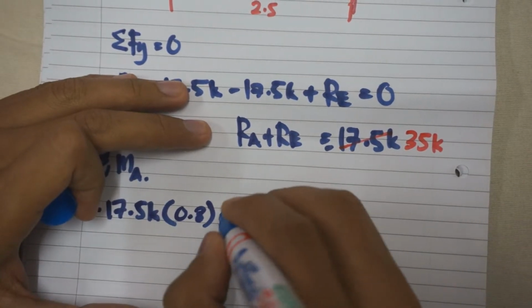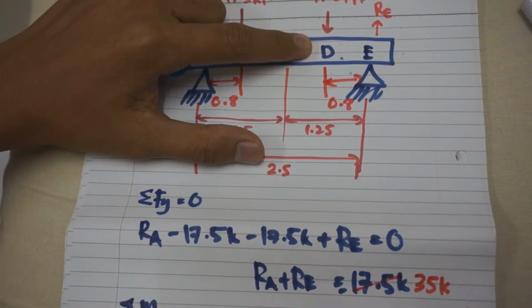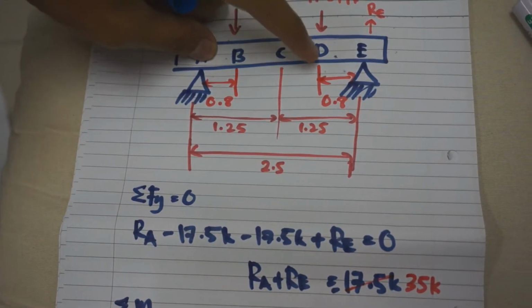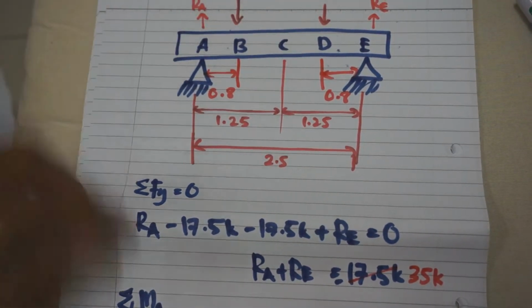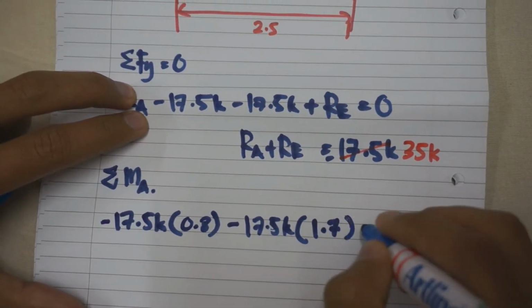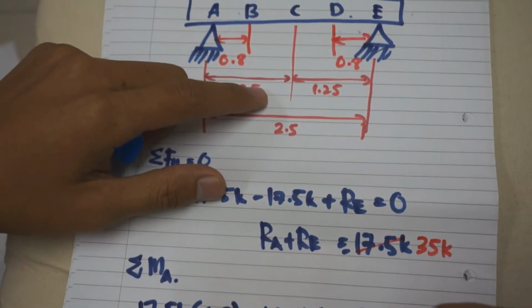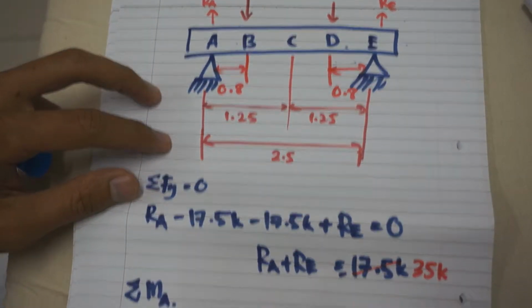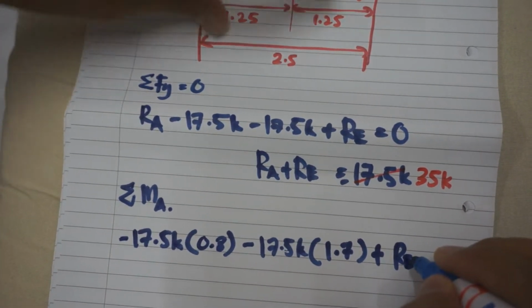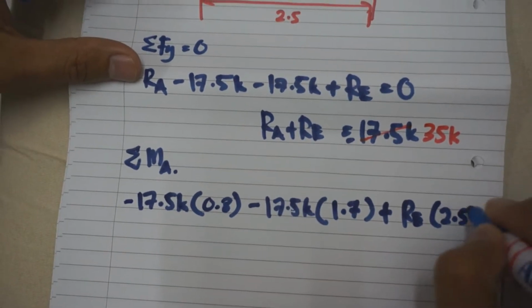minus, at this point, 17.5k times the distance from A to D, which is 1.7, plus the Re. The Re times 2.5 equals 0.